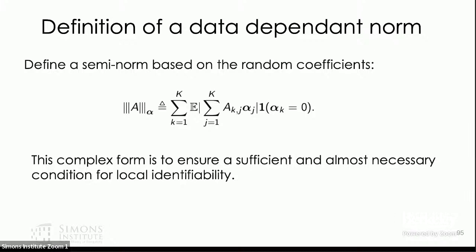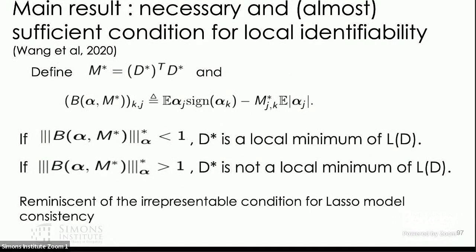Alpha is a random variable, remember, the coefficients, and it can be set to 0 with Bernoulli probability P. And it can be written in 2 terms.